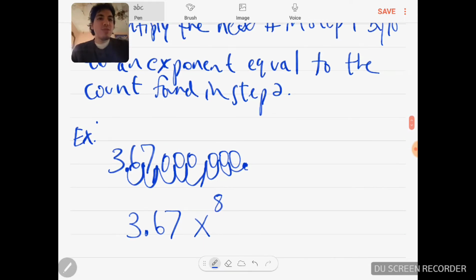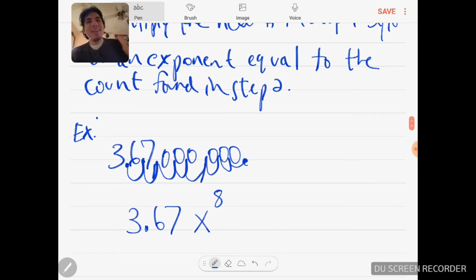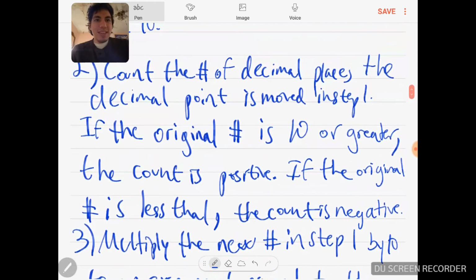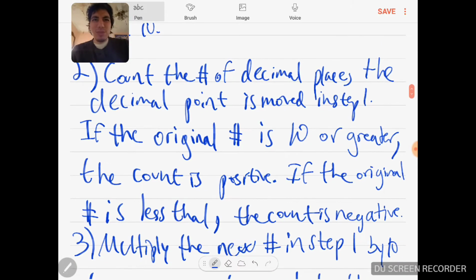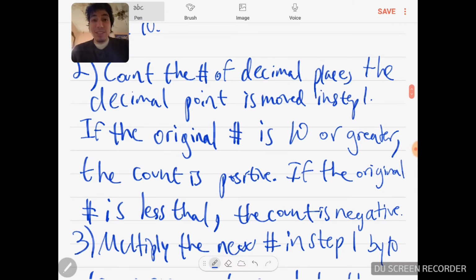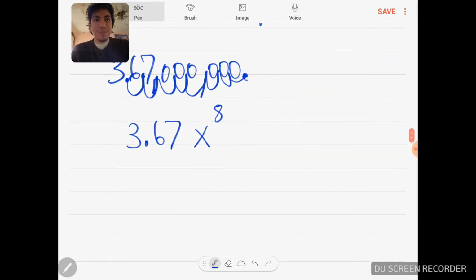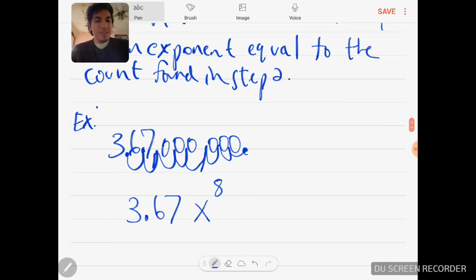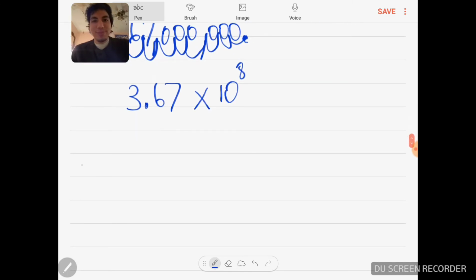Some students might wonder, how do I know if the count is positive or negative? Well, my original number was 367 million, which is greater than 10. That's why, in this specific example, it's positive. Whoops, I forgot to write 10. 10 to the 8th. That will be your answer.